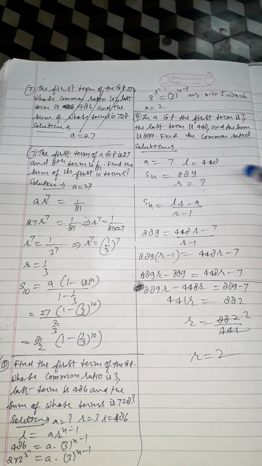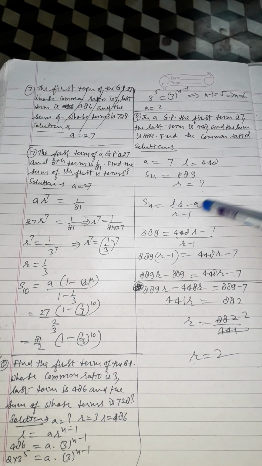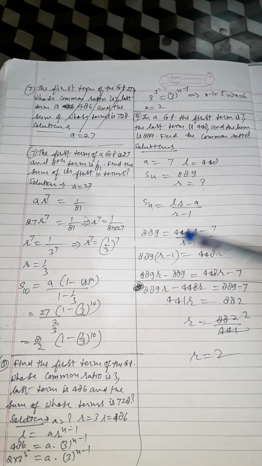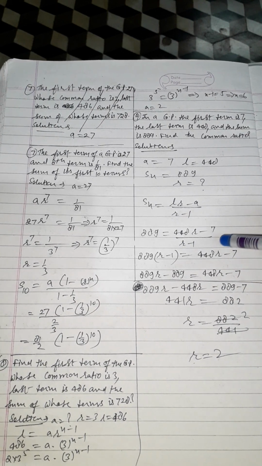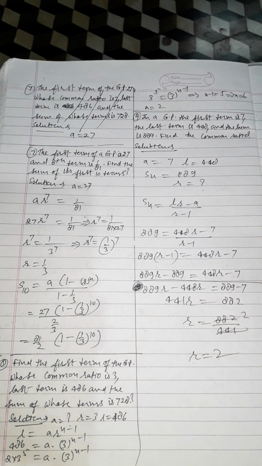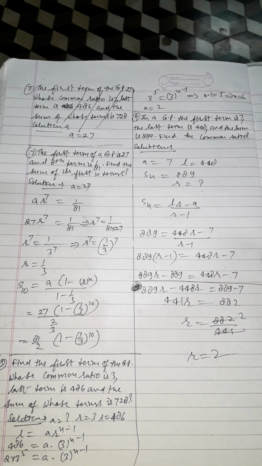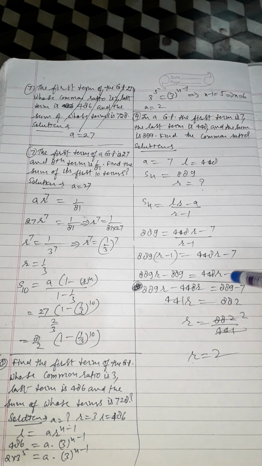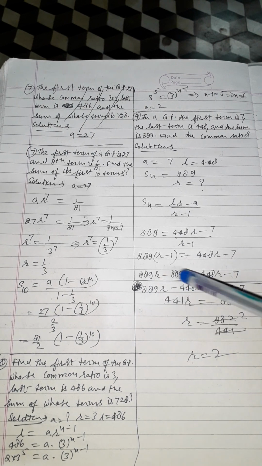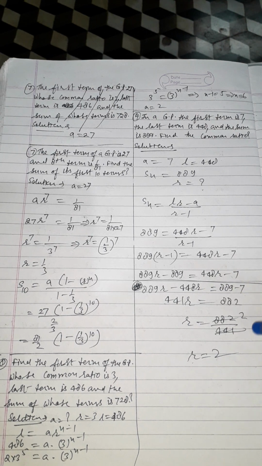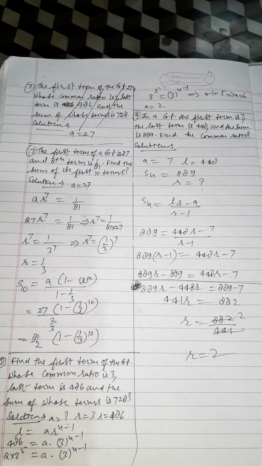Then Sn is equal to (lr minus a) upon r minus 1, then 889 is equal to (448 r minus 7) upon r minus 1. 889 (r minus 1) is equal to 448 r minus 7, 889 r minus 889 is equal to 448 r minus 7, 889 r minus 448 r, so 441 r is equal to 882, and r is equal to 2.